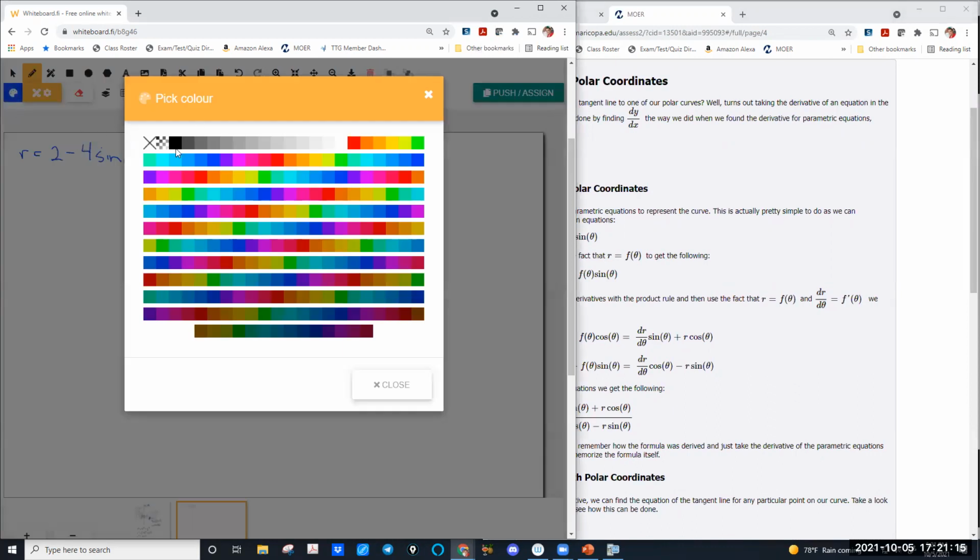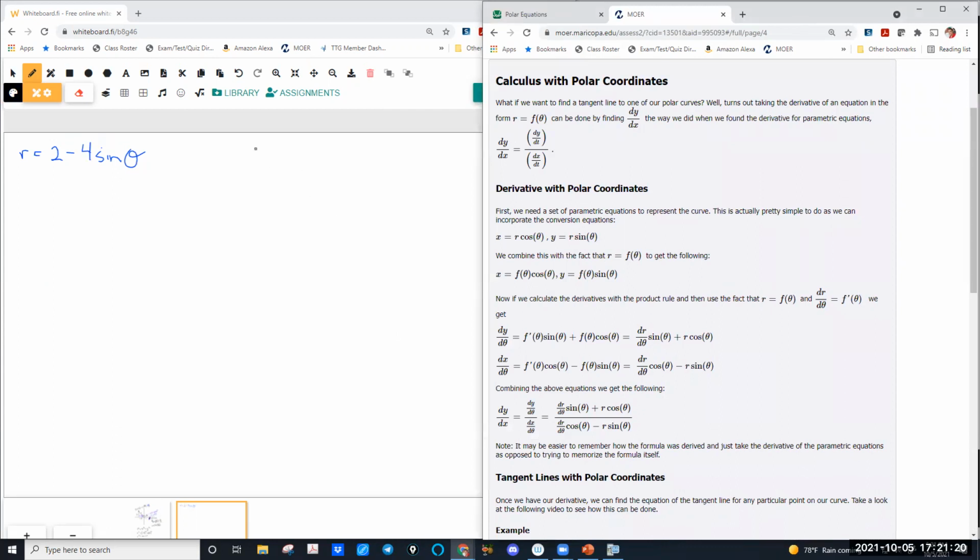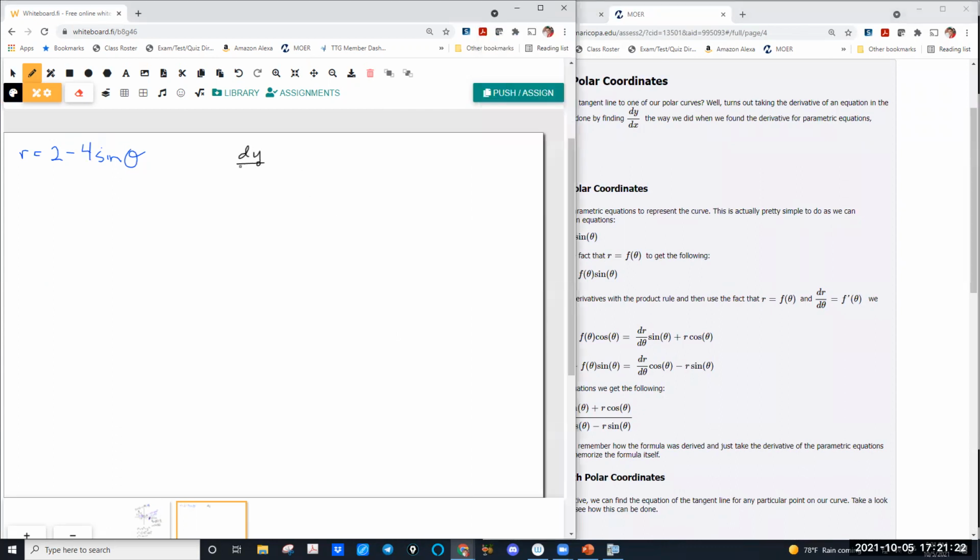Let's bring it over here so I'm not going back and forth. So basically, dy/dx in terms of polar is going to be given by dr/d theta sine theta plus r cosine theta, all over dr/d theta cosine theta minus r sine theta.